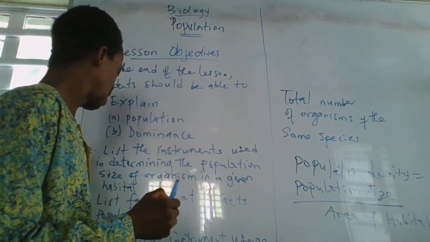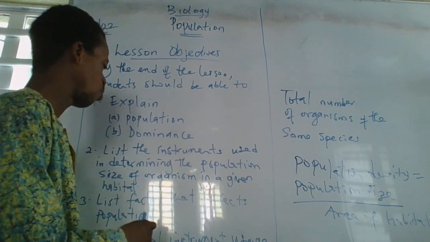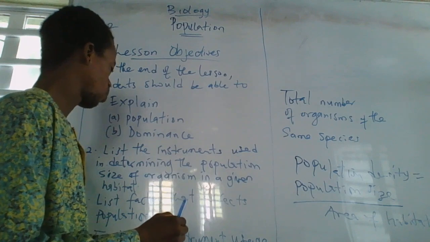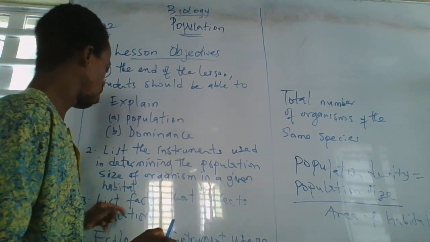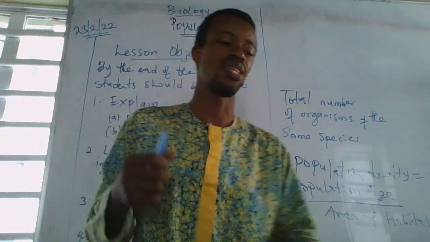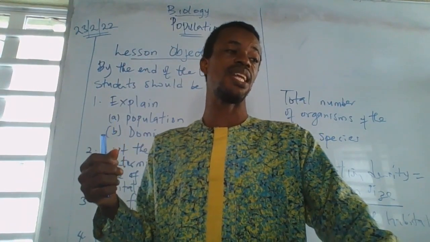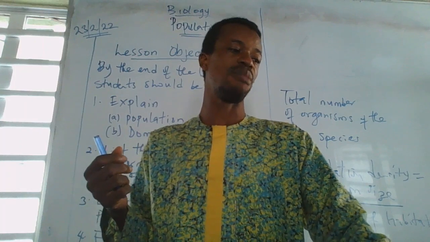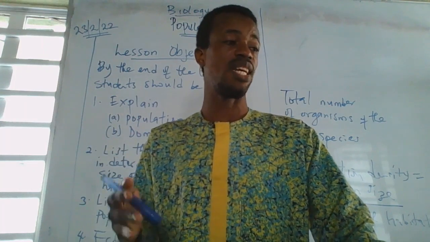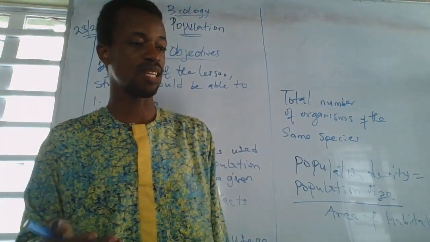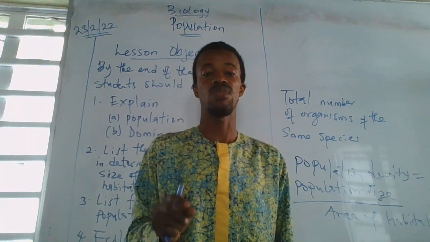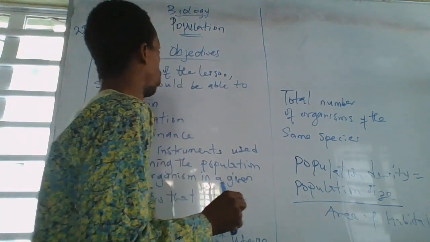Then you consider the instruments that are used in working with the factors that affect population. Then you need to understand the natality rate, the mortality rate, the immigration, availability of food, seasonal climate change, breeding seasons, natural disaster, and all this stuff. So these are the things that we need to take notes of under this particular topic that we call population.